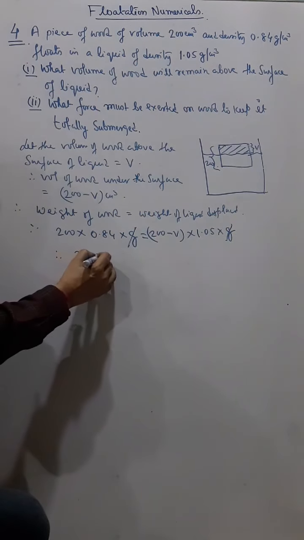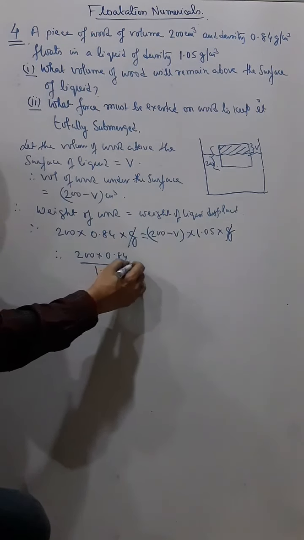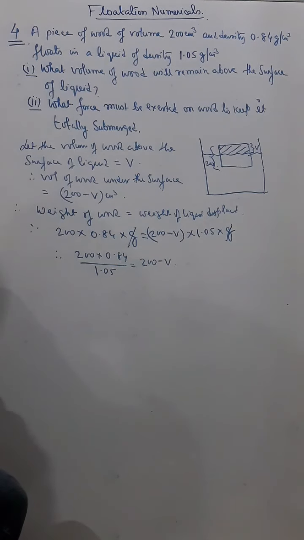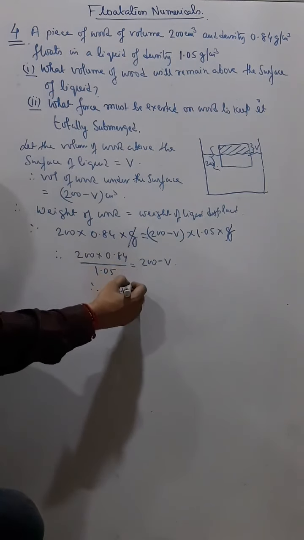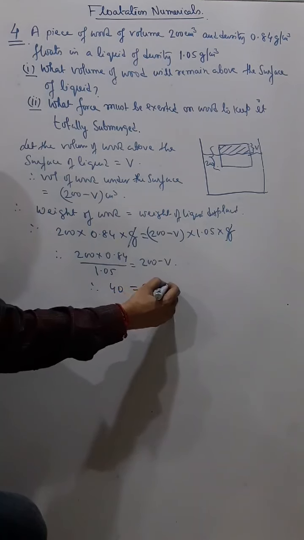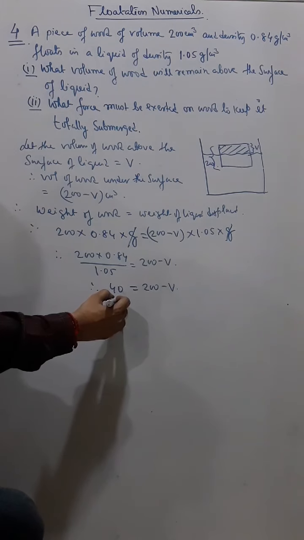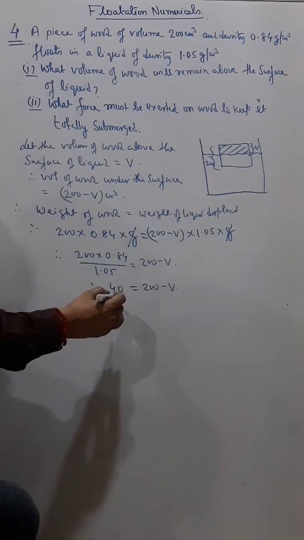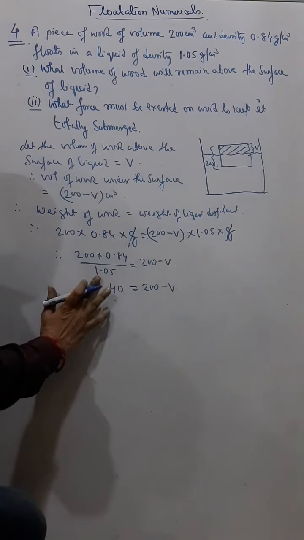Finally we got 200 into 0.84. First we'll bring this 1.05, so we get 200 minus V. Then after calculation we'll get this one as 40. After cancelling everything, the answer will get as 40.